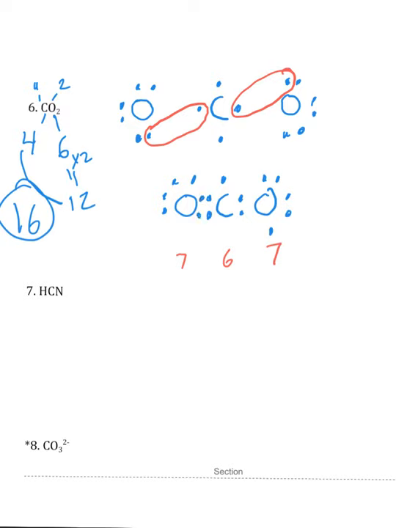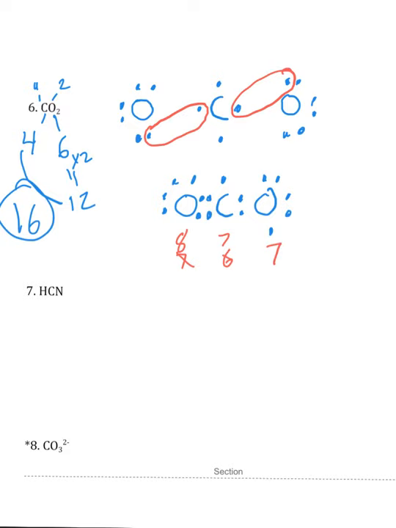So we'll put them right there. Okay, let's count my numbers of electrons again. Now this oxygen has 8. That's what I want. This carbon now has 7, and this oxygen still has 7.